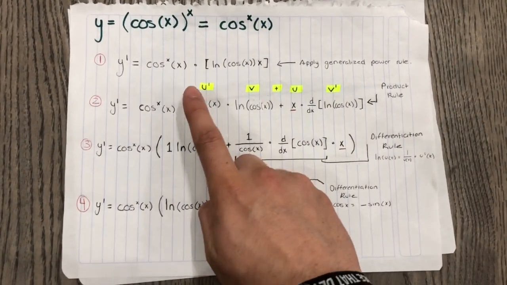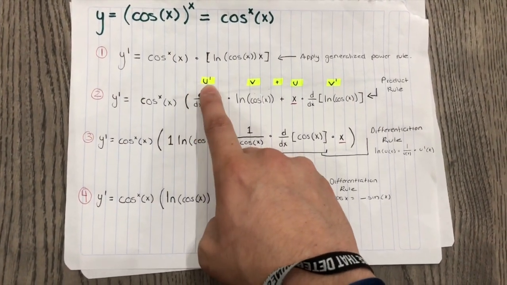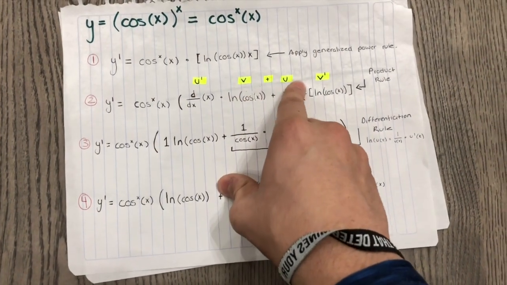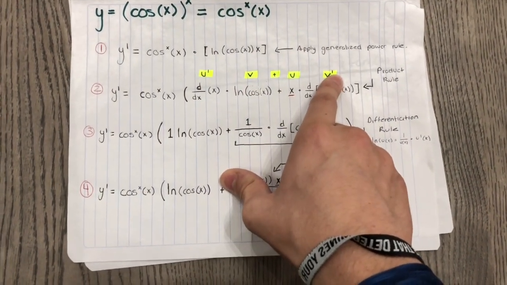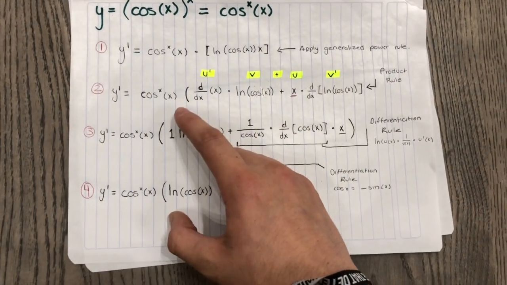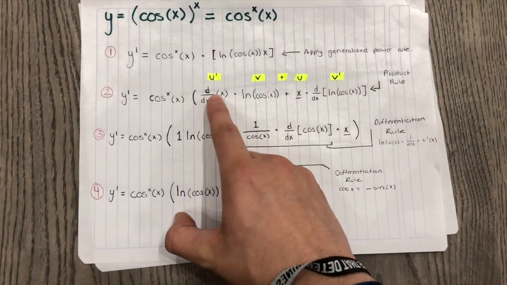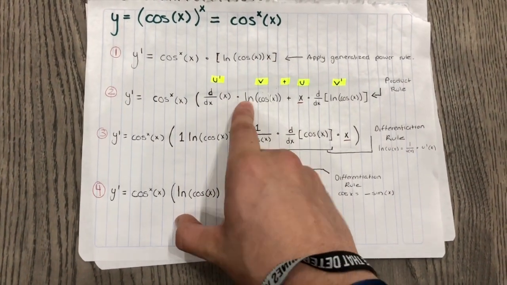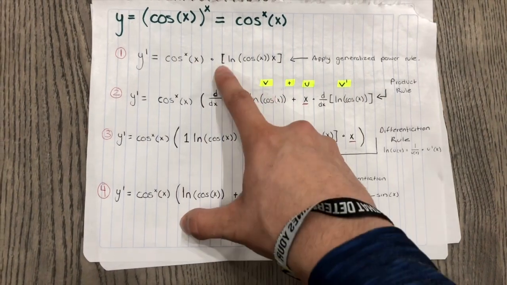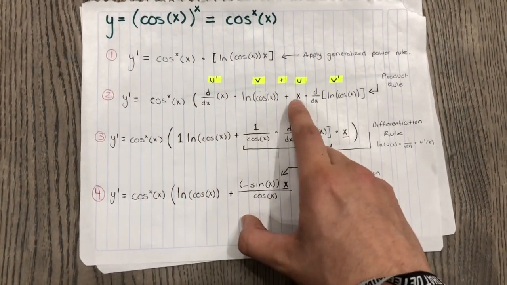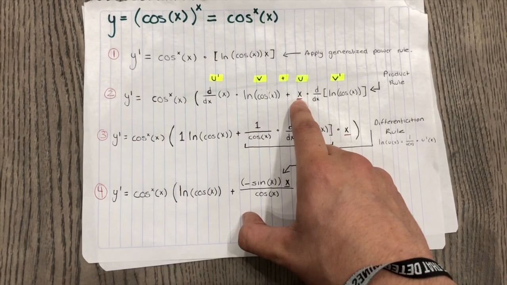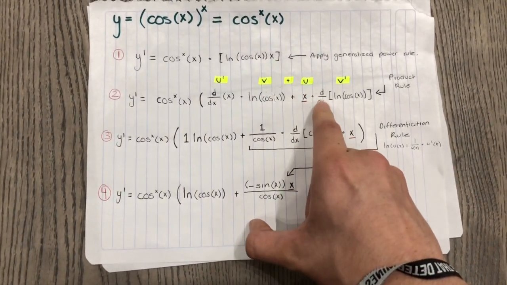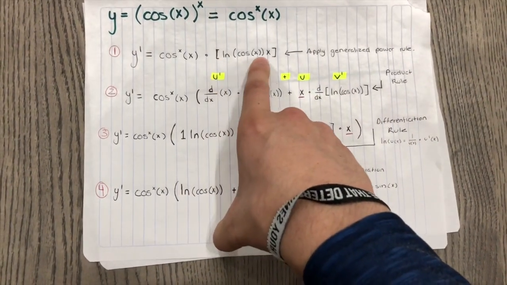So the product rule is derivative of the first term times the normal second term plus the normal first term times the derivative of the second term, which would give us derivative of x, which means this x, times natural log of cos x, which is this part, plus the normal first term, which is this x, times the derivative of this part of the equation.